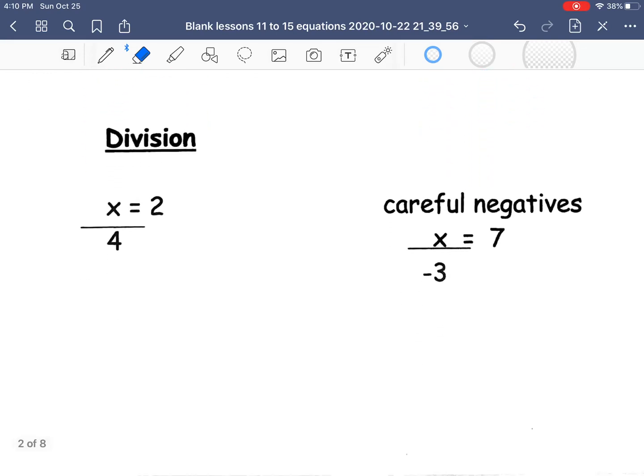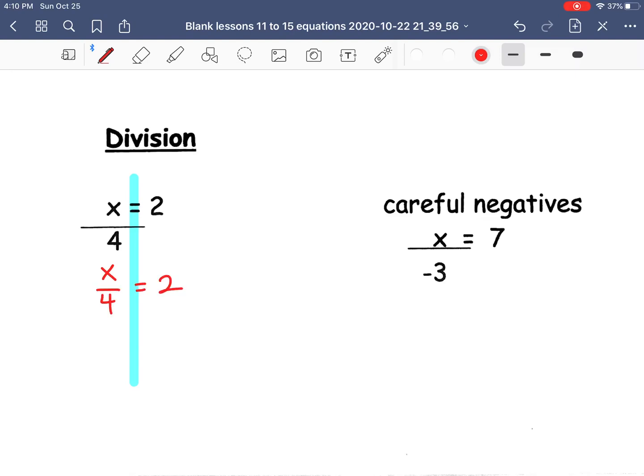Another example, the last operation to focus on would be division. So remember, if I make this question a little bit neater, my division sign there, it does look kind of weird, my big 4 there with the line, but really this is x over 4.